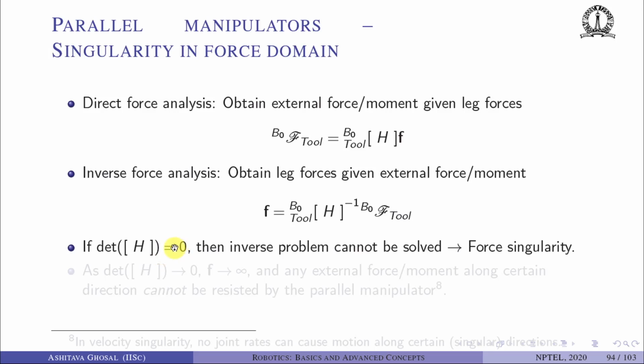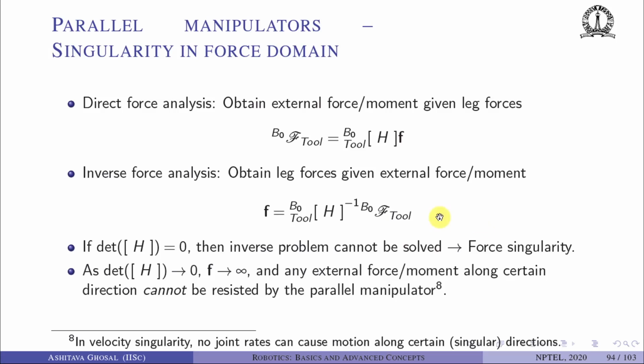If the determinant of H is equal to 0, then the inverse problem cannot be solved. That is obvious, right? With determinant of H equal to 0, I cannot find an F for the external force and moments acting on the top moving platform of the Stewart platform. This is called force singularity. As the determinant of H tends to 0, F will tend to infinity, and any external force and moment along certain directions cannot be resisted by the parallel manipulator.